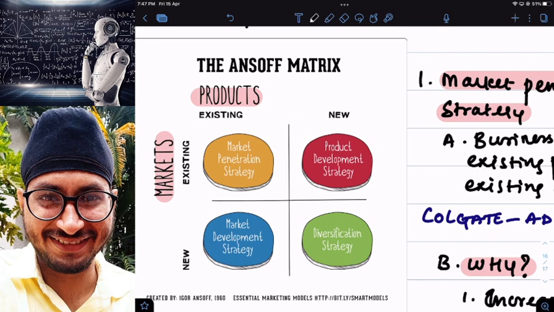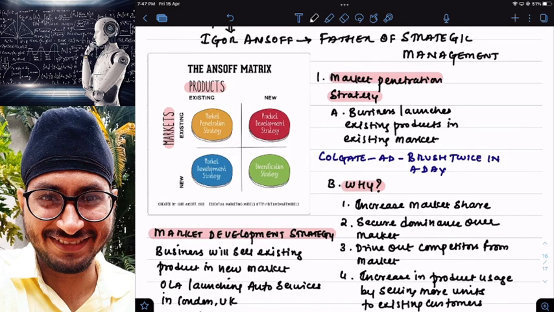I am launching an existing product in a new market. Market development. I am launching an existing product in an existing market. Understood? Market penetration. Does anyone have any doubts here?